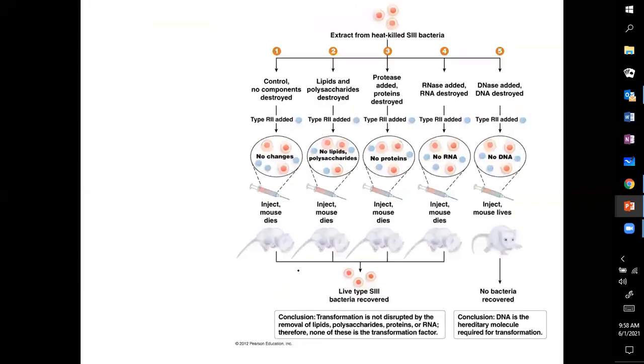bacteria. And it was actually one of Griffiths' students, Oswald Avery, and colleagues, Colin MacLeod and Maclyn McCarty.